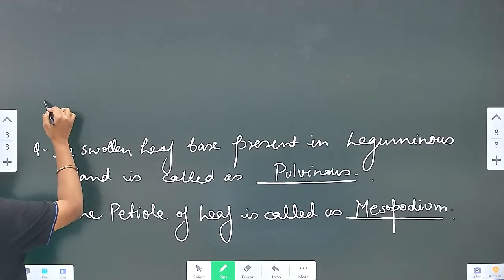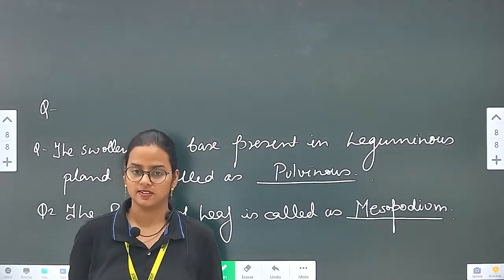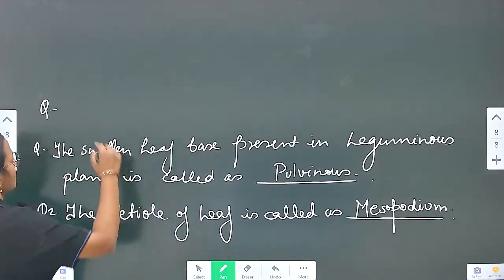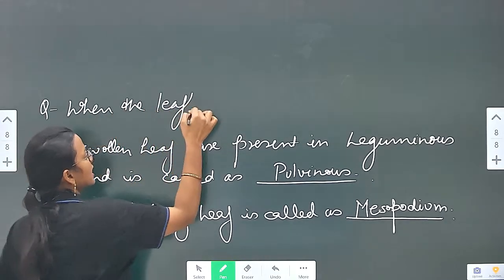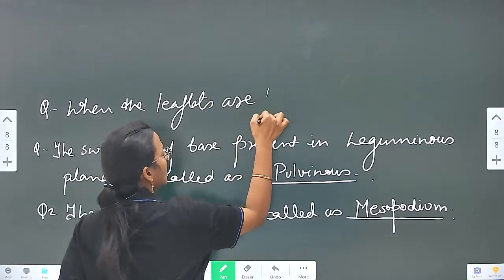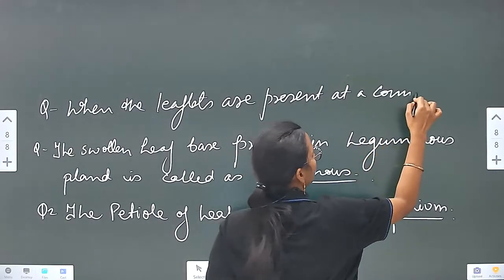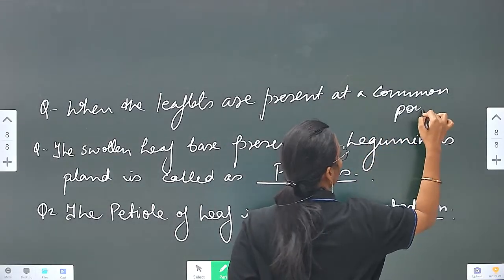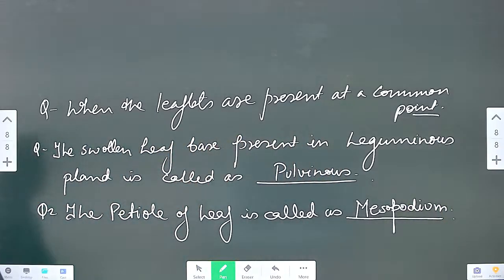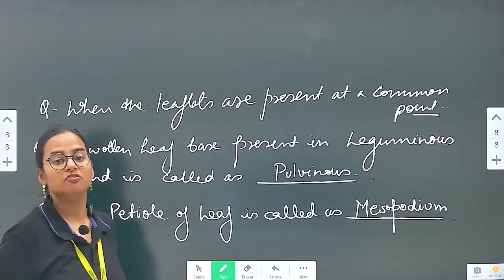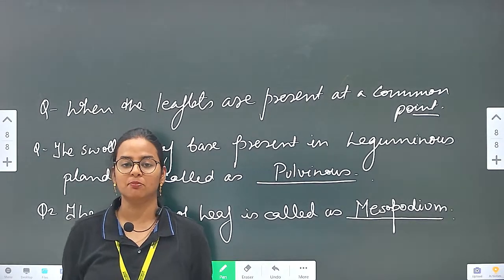Okay, one more question. Now I want you to recall by yourself. When the leaflets are present at a common point, then they are simply called as what? Which type of compound leaf? Pinnately compound or palmately compound?